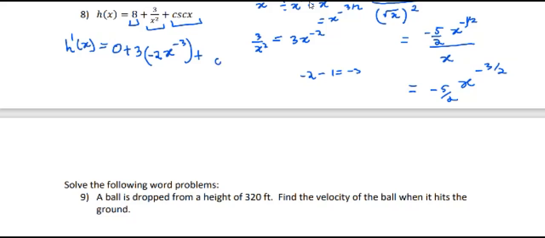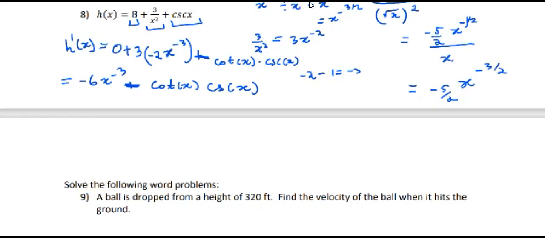Sorry, the derivative of cosecant of x is negative cotangent of x times cosecant of x. So this is minus cotangent of x times cosecant of x.